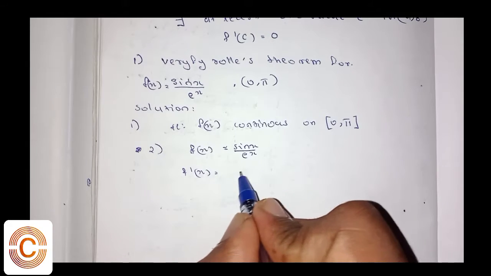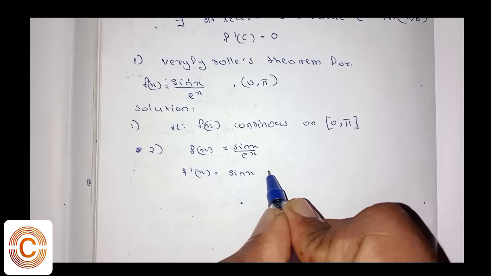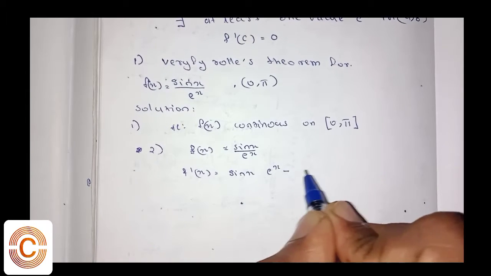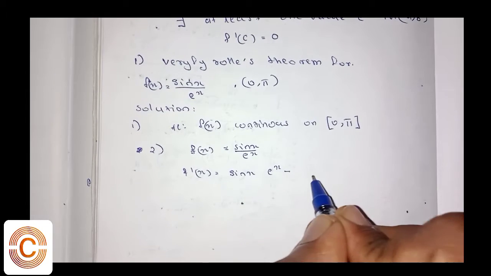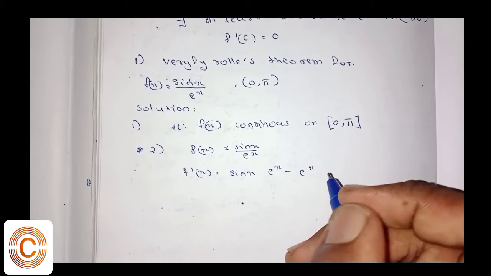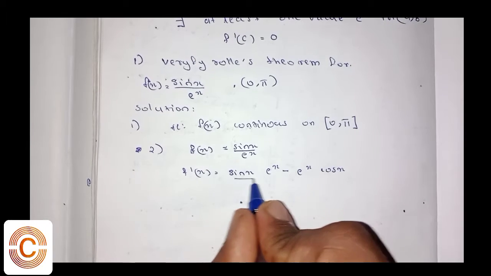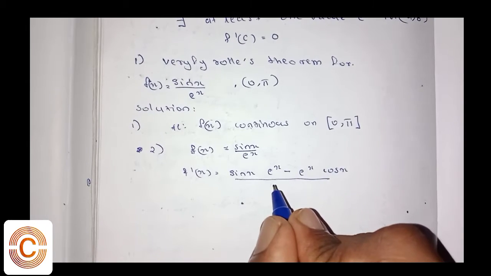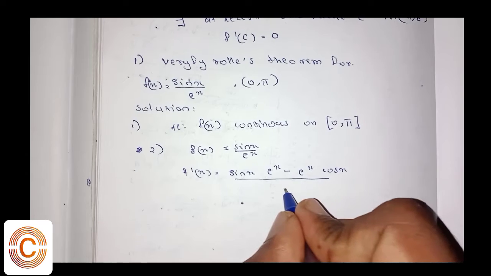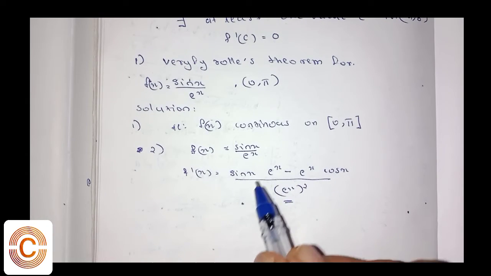It means sin x into the derivative of e raised to x, which is e raised to x, minus the function in the denominator, e raised to x, into the derivative of sin x, d by dx of sin x, which is cos x, then the whole divided by the denominator squared.